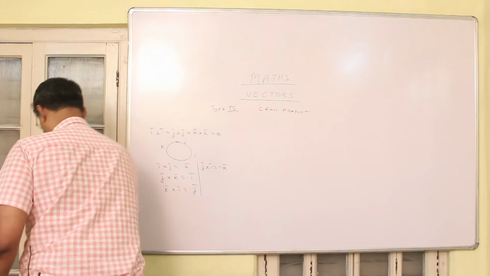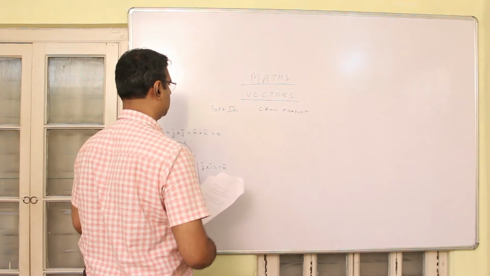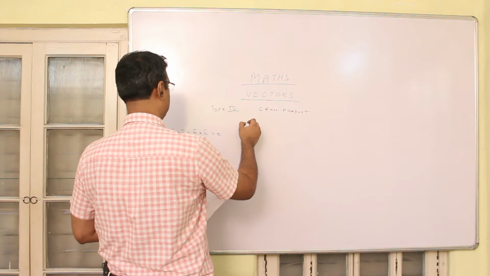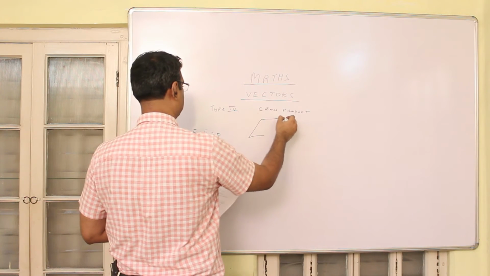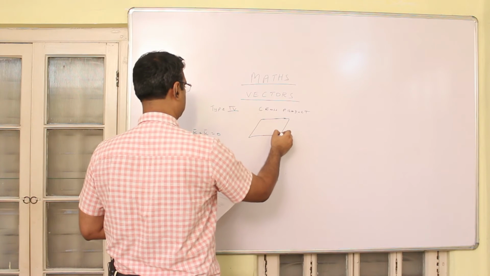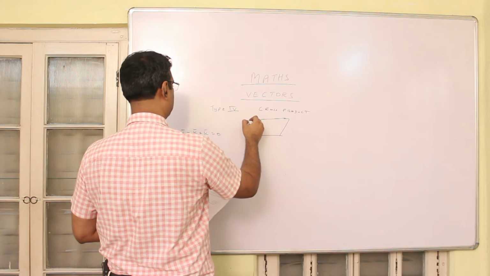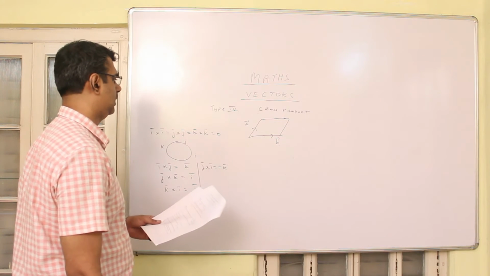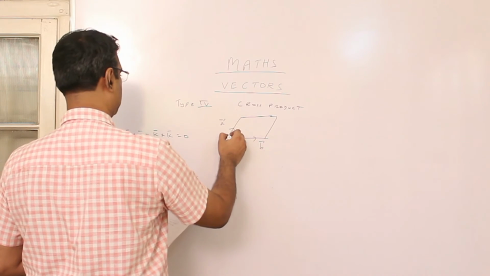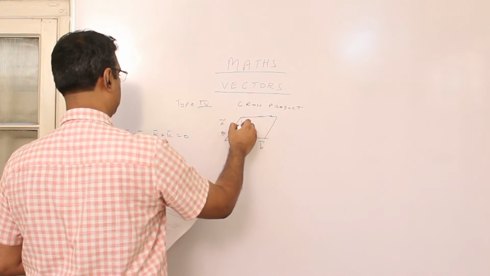Now one very significant thing about cross product is that it has a lot of geometrical applications. For example, suppose you have a parallelogram in which the adjoining sides are vector A and vector B. Suppose this angle is theta.